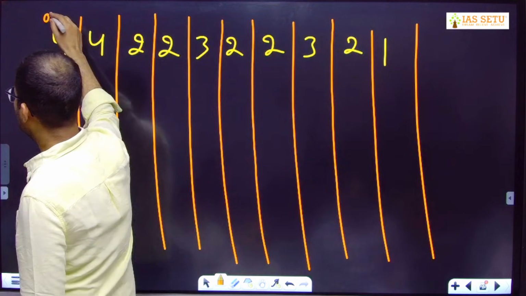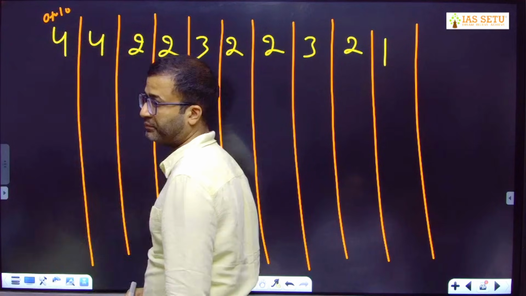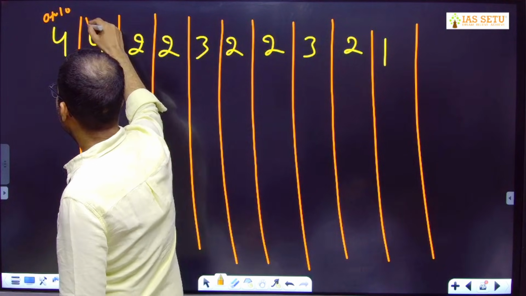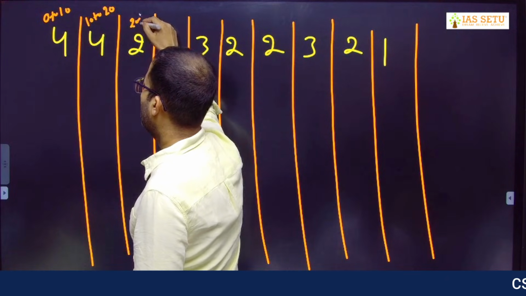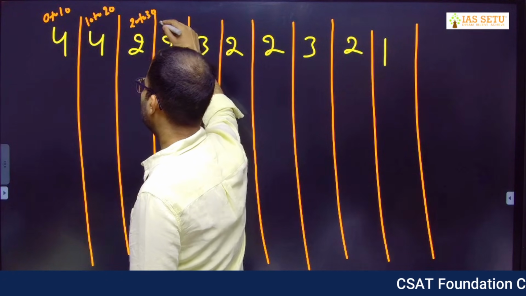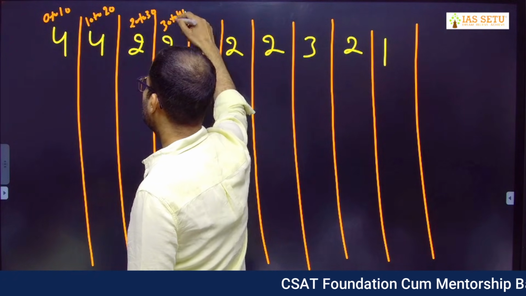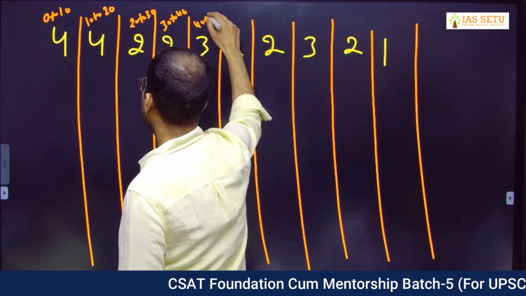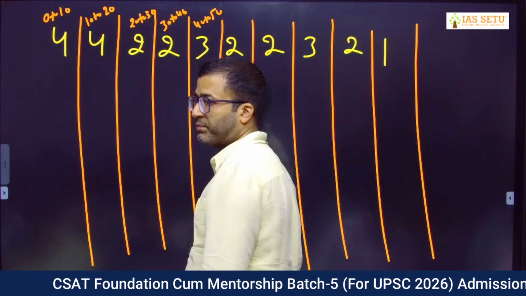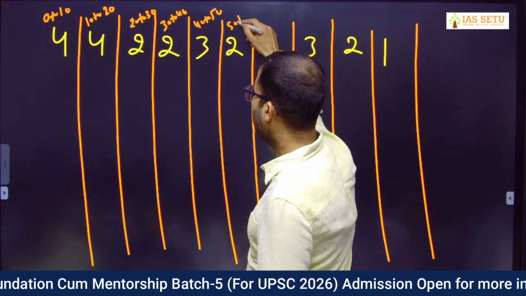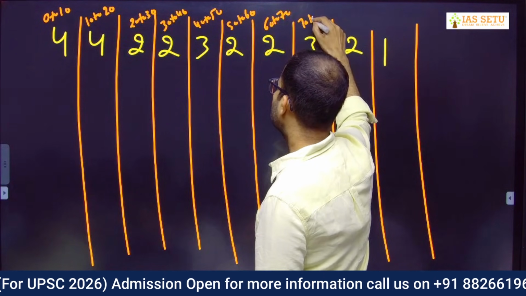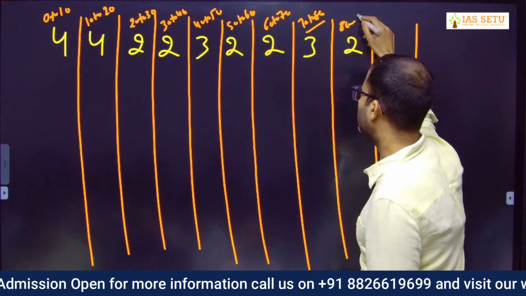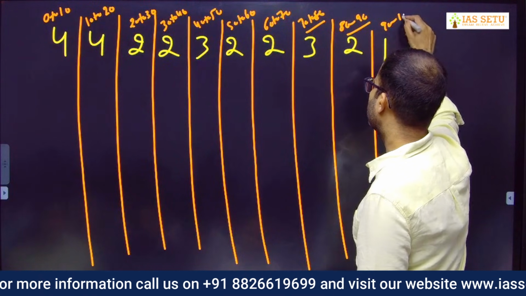Zero to 10, there are 4 prime number. 10 to 20, 4 prime number. 20 to 30, 2 prime number. 30 to 40, 2 prime number. 40 to 50, there are 3 prime number. 50 to 60, 2 prime number. 60 to 70, 2; 70 to 80, 3; 80 to 90, 2; 90 to 100, 1.